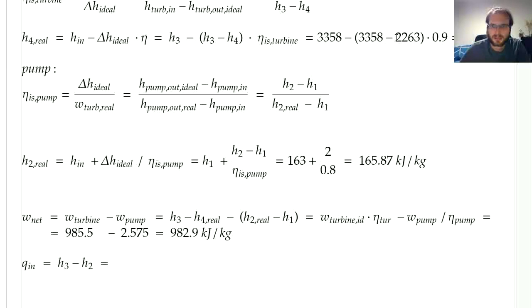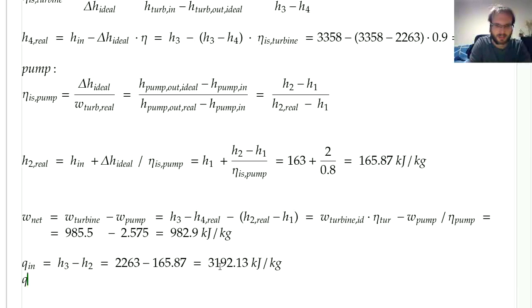The H3 still stays as 2263. And enthalpy at the point 2 just increased very slightly to here, 165.87. And the value of the heat input into the cycle is 3192.13 kilojoules per kilogram.